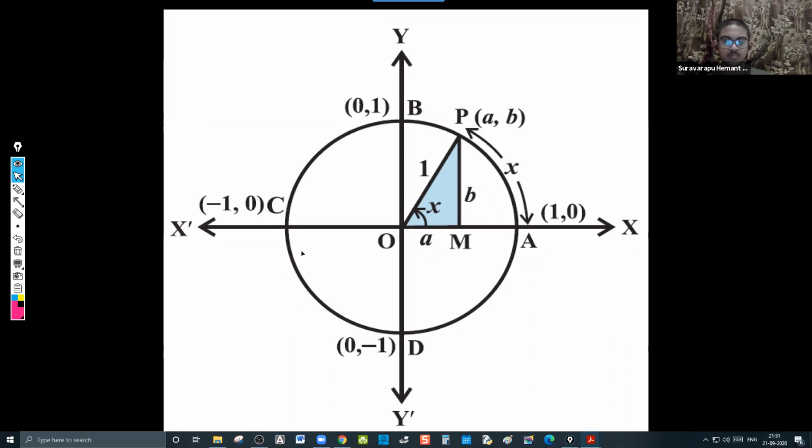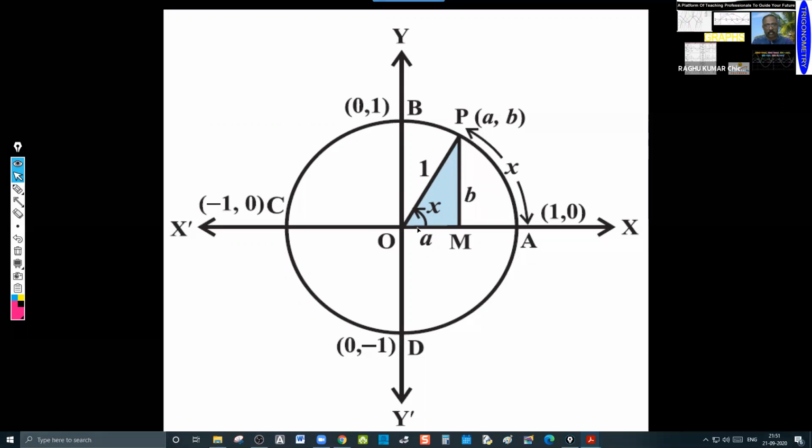Now, what is x here? It is the angle made by OP with the x-axis. The angle made by OP with the x-axis is nothing but x. He named it as x. If you want, you can change it to theta, no problem.